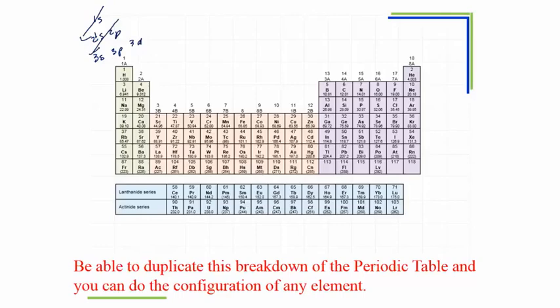You don't want to have to do that every time. You can use a periodic table in order to come up with our electron configuration order. What order do we fill these things by? So let me erase this and get it out of the way. And let me show you how to use a periodic table to determine the order.